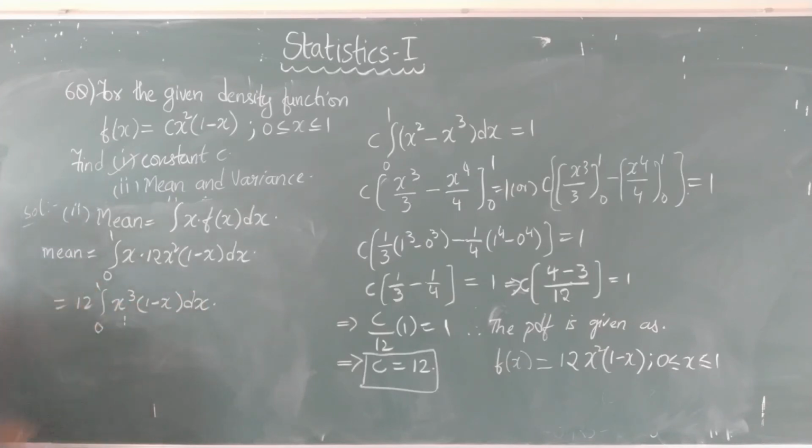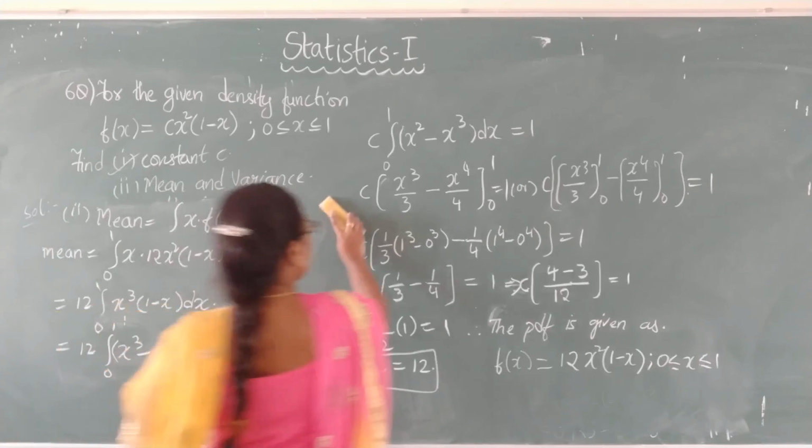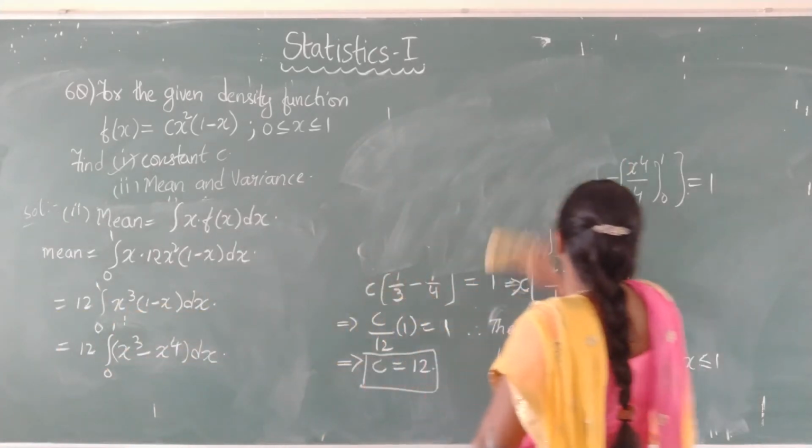Now multiply this x cubed inside again. 12 into integral from 0 to 1 of x cubed into 1 is x cubed, x cubed into x is x power 4, dx. Now in the same way, integrate it and apply the limits, and we will get the required mean value.